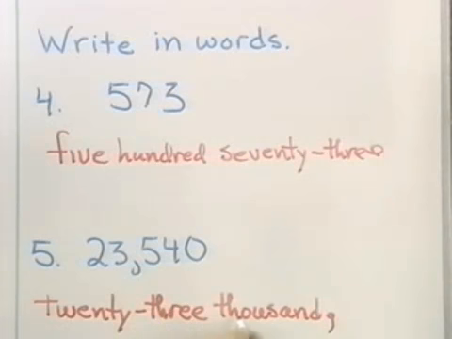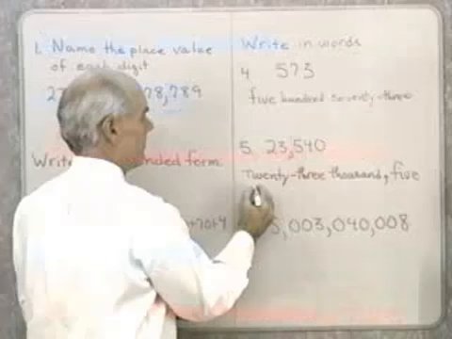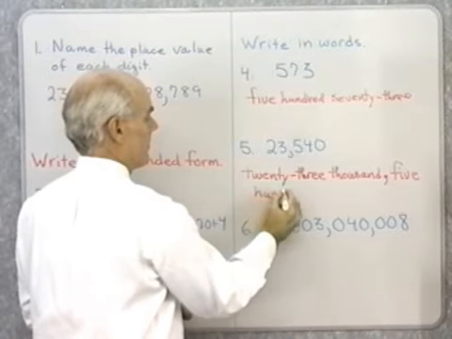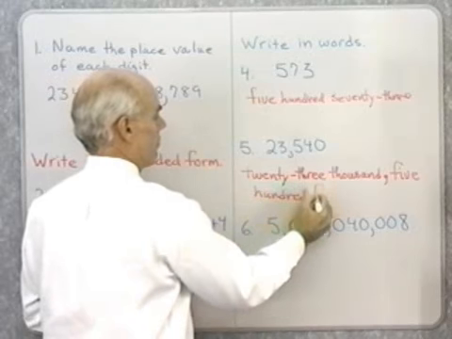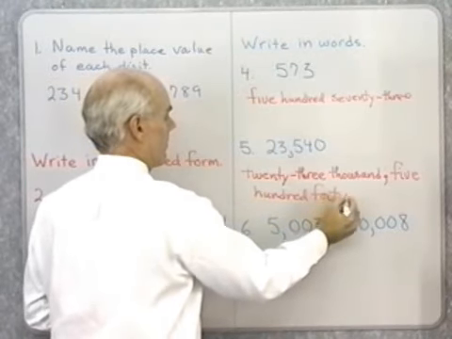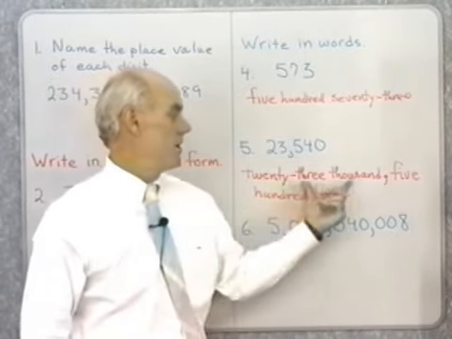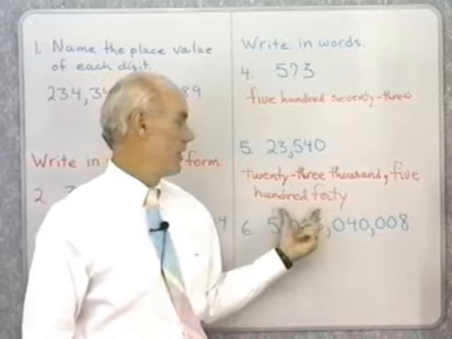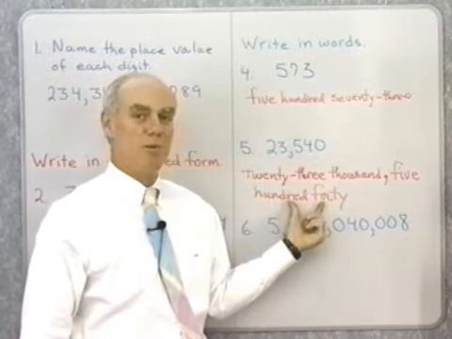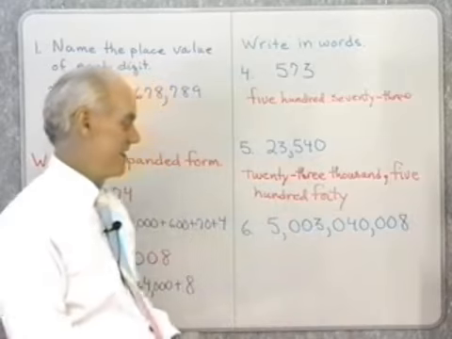So twenty-three thousand, five hundred forty. So I have 23,000, 540, and that's this number right here written in words. Let's take a look at our next example.